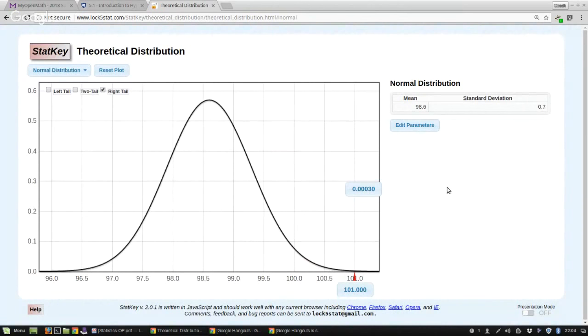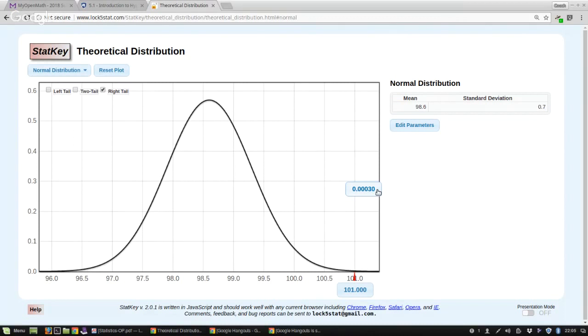So here the probability is 0.0003. If we multiply that by 100, we get 0.03%. So 0.03 of a percent chance of finding a healthy adult with a body temperature of 101 degrees. So that indicates that they're probably not a healthy adult, because the chance of finding somebody with that temperature is so remote. So it's a very slim chance. So that's how we say, hey, somebody's probably sick.